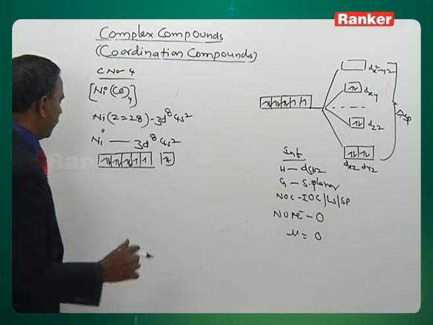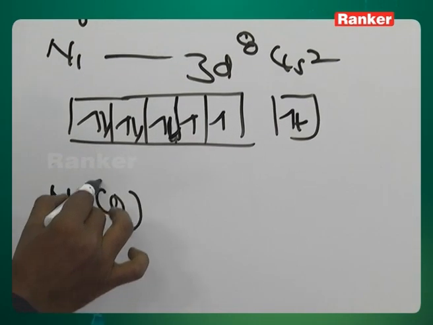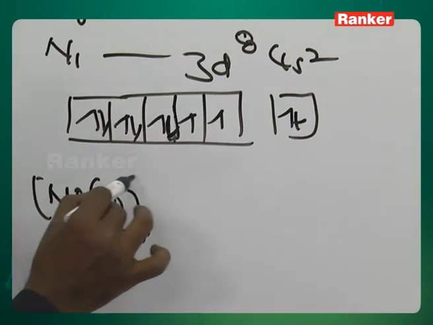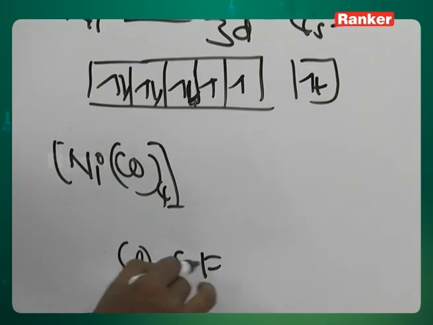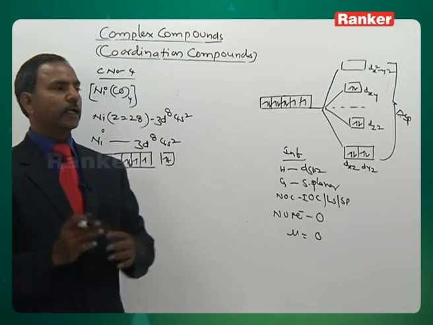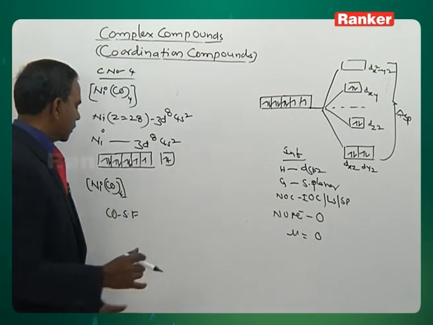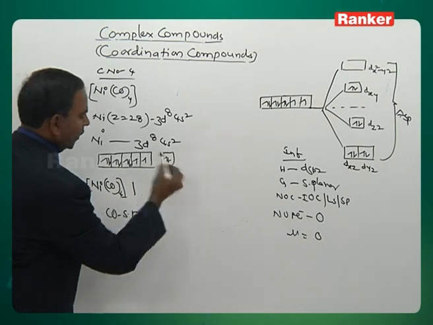Then this particular CO, let me write the first complex, nickel tetracarbonyl. It is well known to you that CO is again a strong field ligand. Wherever a strong field ligand is there, the electrons have to get paired. Now, for the pairing of electrons, consider s electrons also shifted to d.